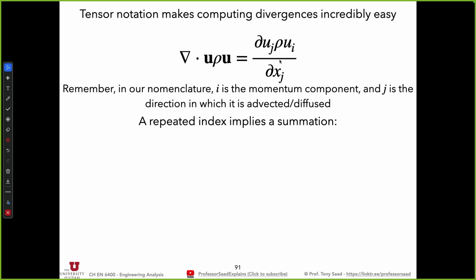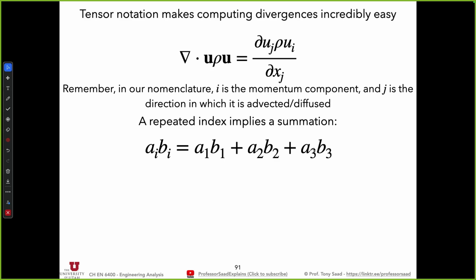So here, the j index is repeated, so I know this implies a summation. What does this mean? Let's give some examples. If you see ai bi, and I tell you this is tensor notation, then this automatically implies that you're summing over i here.